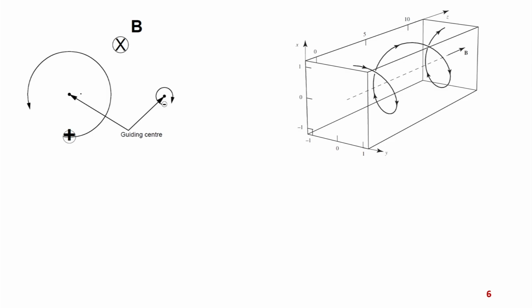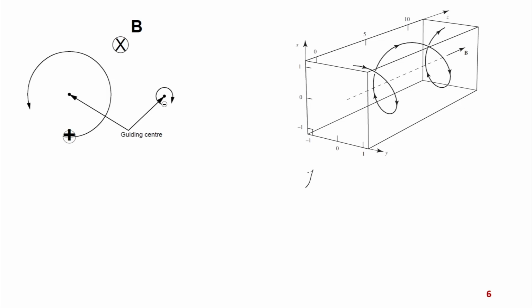This is for a positive ion, this is for the electron, and here again the magnetic field is going into the paper. The particle is gyrating in a helical path. Next we will see what the properties of this helical path are.